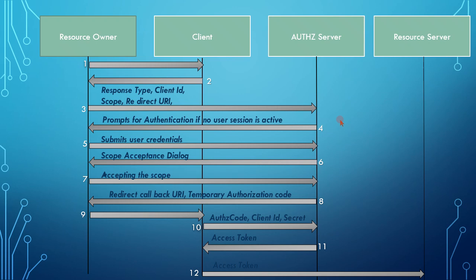The authorization server will validate this and then send across the access token to the client. So step number 12, the last step, the client will use this access token to request access to a service on the resource server on behalf of the resource owner. So that is step number 12.